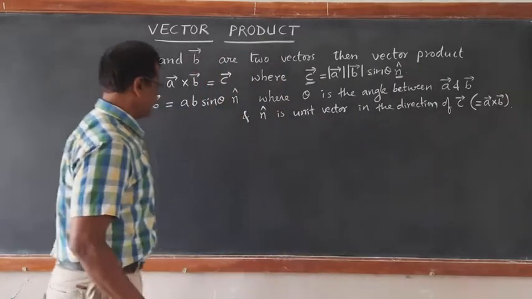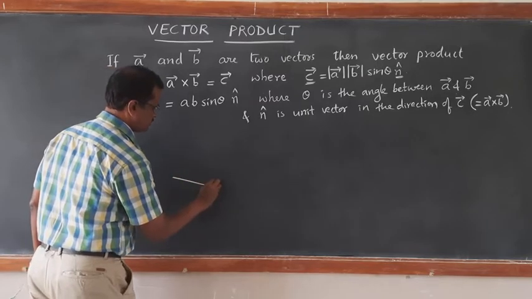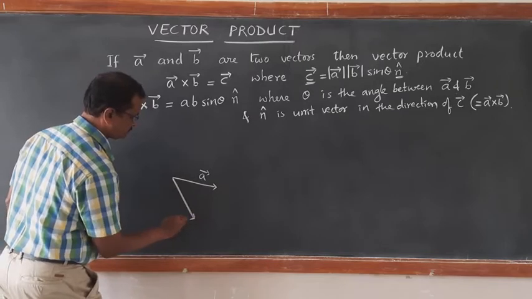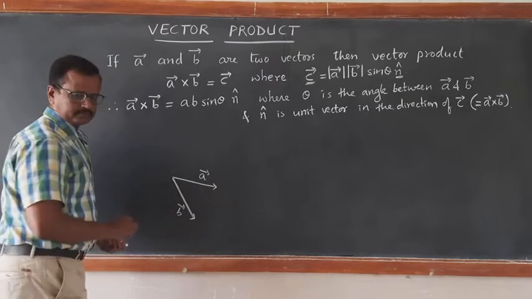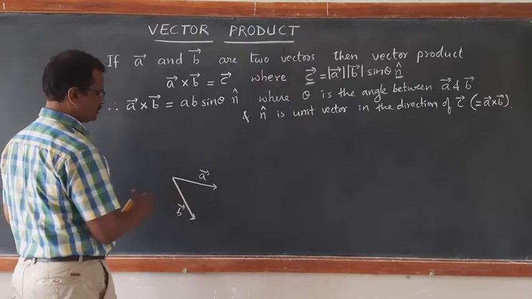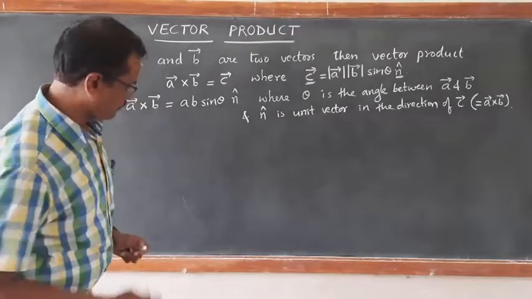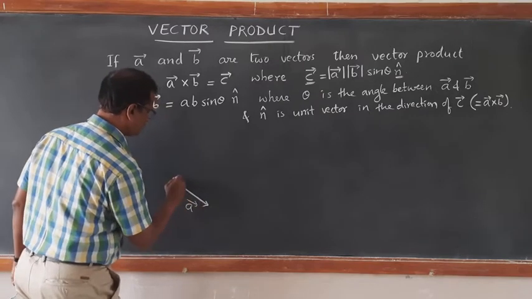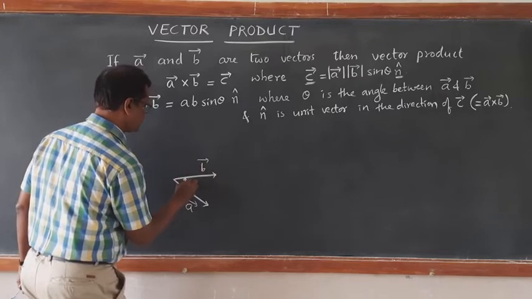What does it mean? Let us see. Suppose this is a vector A and this is vector B. The angle between them is theta.